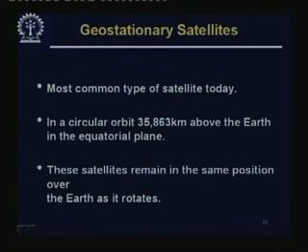So, first we talk about geostationary satellites. This is the most common type of satellite today. It is in a circular orbit. In miles it is about 22,000 odd, in kilometers it is 35,000 and odd kilometers above the earth in the equatorial plane. These satellites remain in the same position over the earth as it rotates.